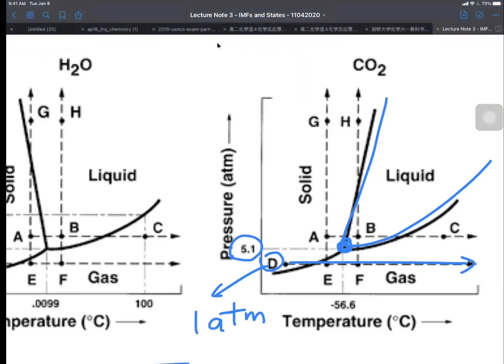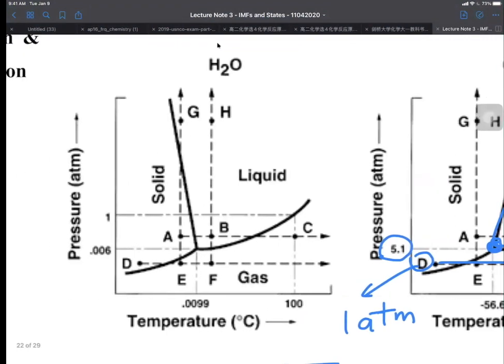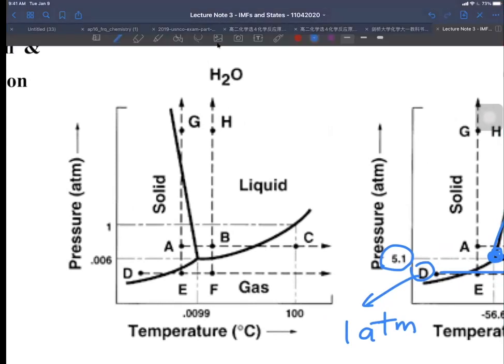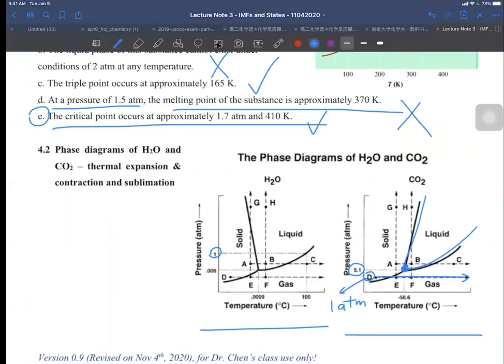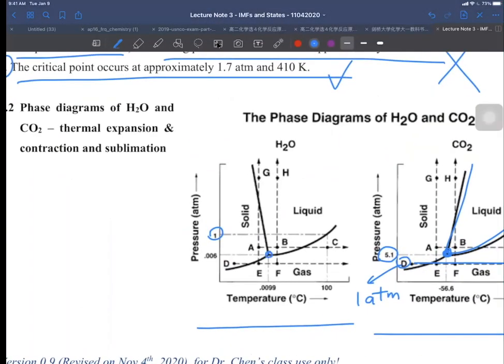So obviously we know water cannot sublime. Why? Because 1 atm is here, but sorry guys, the triple point is here. So if you go through 1 atm to the right side, first solid will change into liquid and then finally into gas. This is the normal change, right? This is different from carbon dioxide.